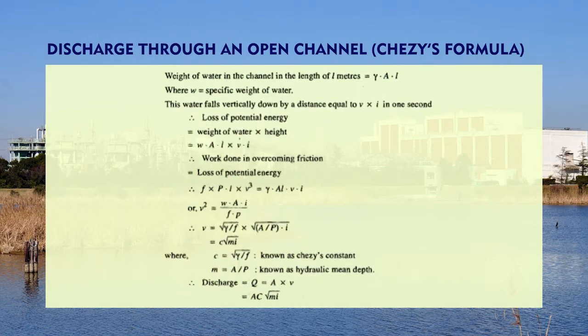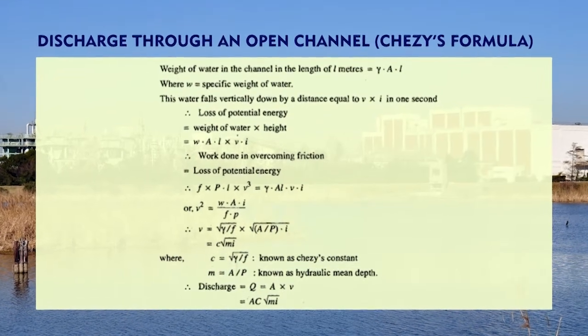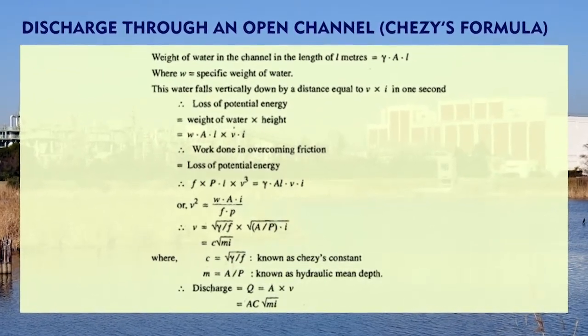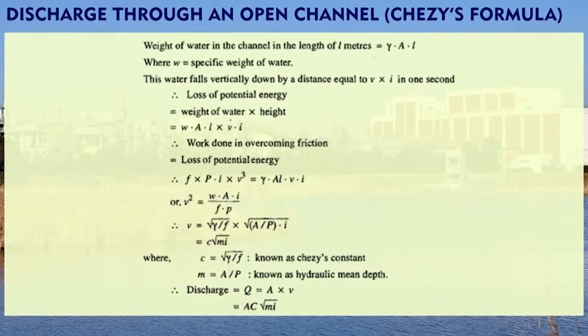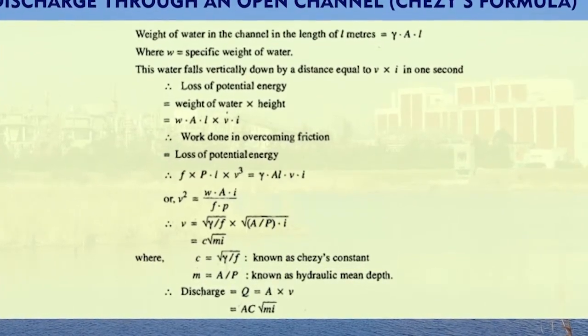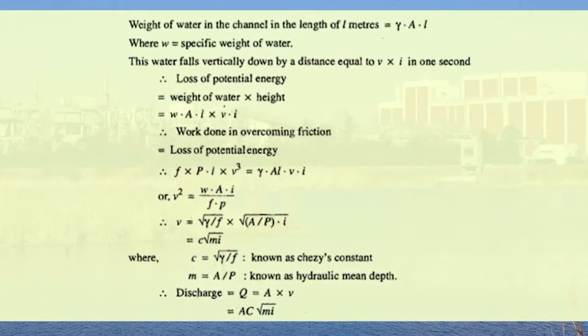Weight of water in the channel in the length of l meter is equal to gamma A into l. Here gamma is the specific weight of the water. So this water falls vertically down by a distance equal to V into i in 1 second.